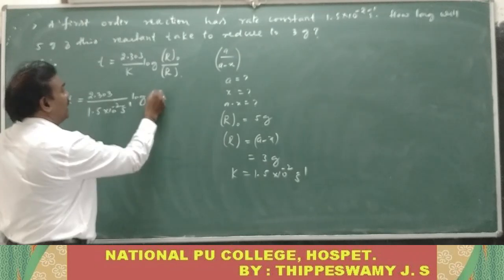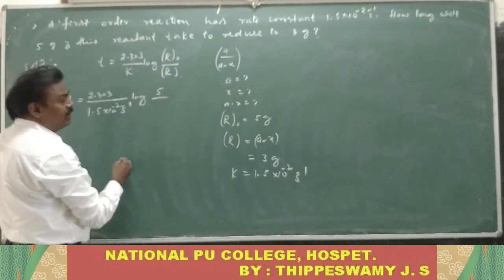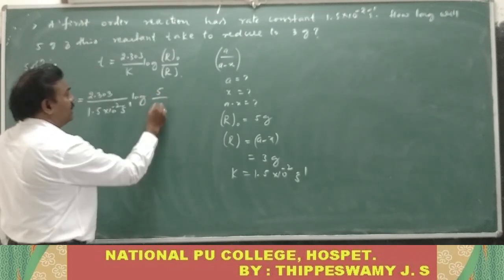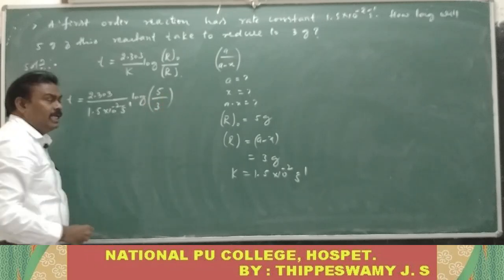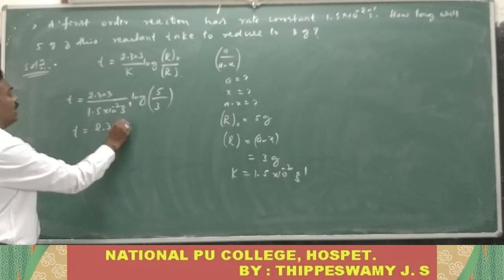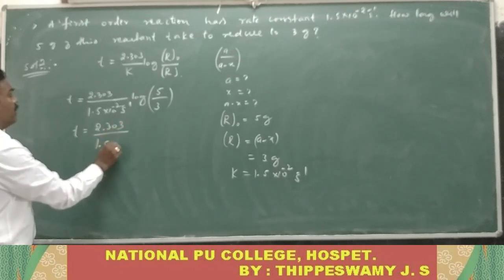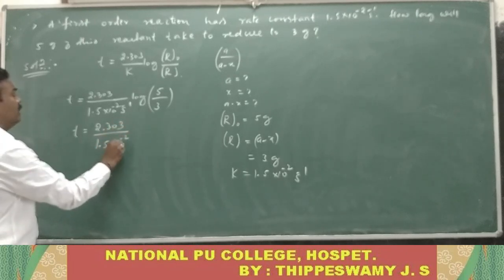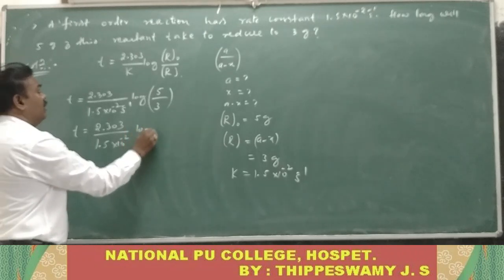R naught will be how much? That is 5 gram only, divided by R, that is 3 gram only. Now t is equal to 2.303 divided by 1.5 into 10 to the power minus 2, into log of 5 by 3.